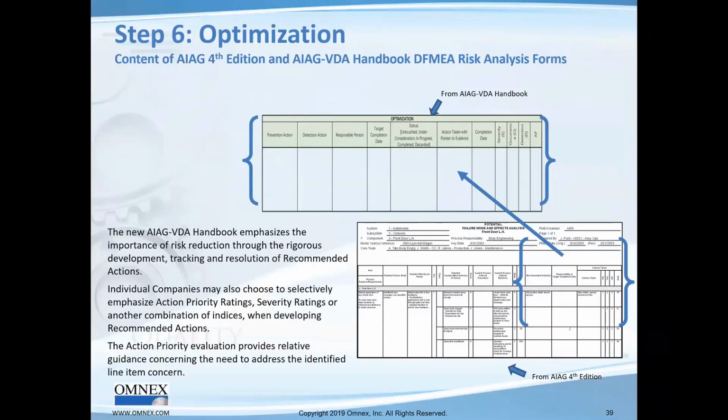What else do you have? Well, responsibility and target completion dates were always there. But you do have a status here in terms of telling you what is the current status of these actions, and then you have to take the action.